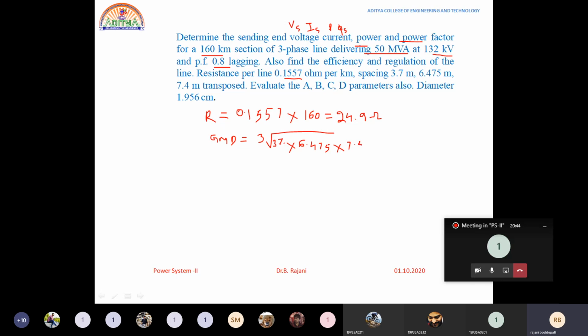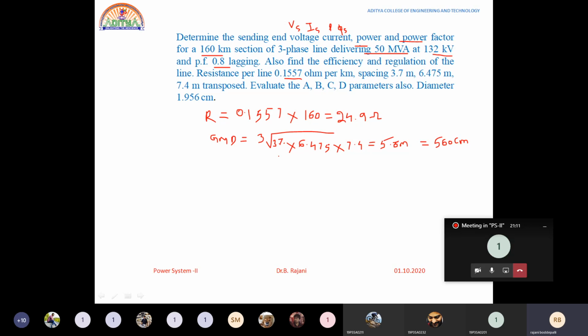It is 5.6 meters you will be getting, that is equal to 560 centimeters.